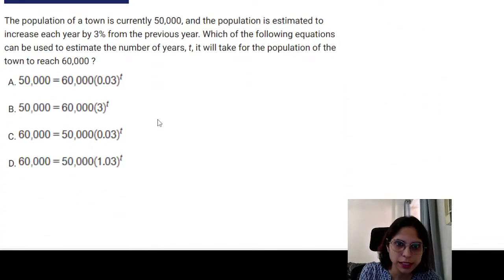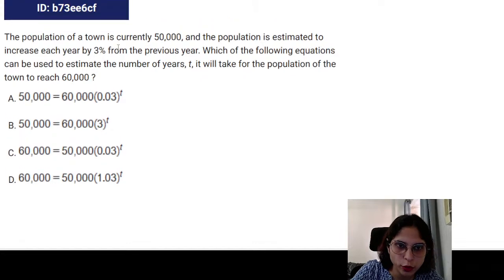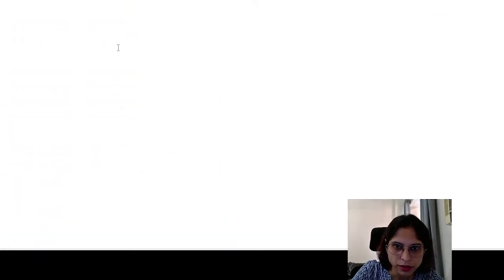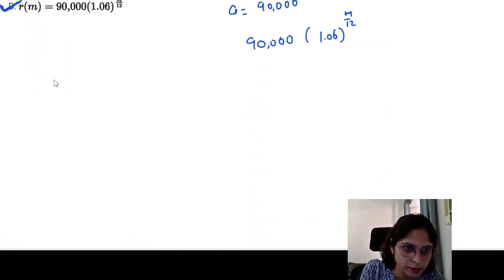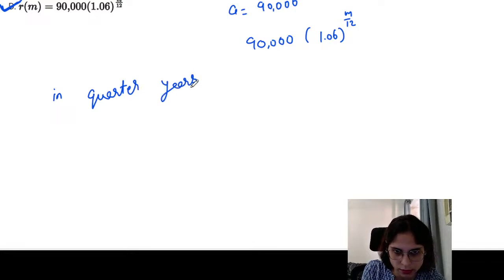The population of the town is currently 50, and in the Q over 4 question as well, in quarter years, let me explain that. So it will be 1.06 in every year.